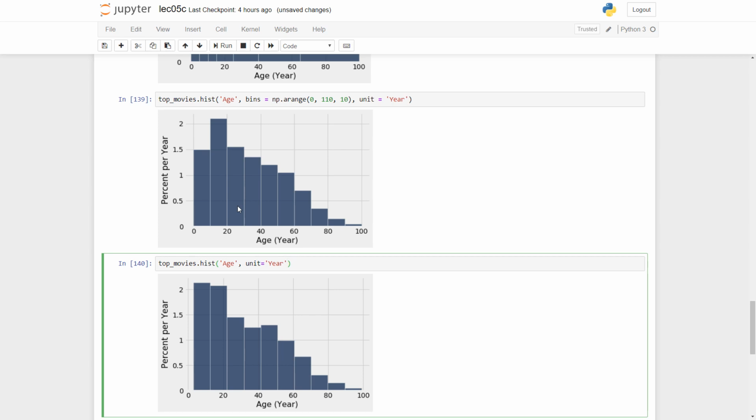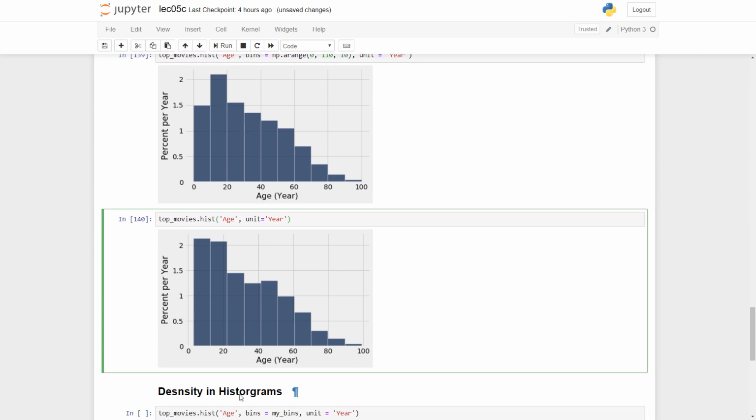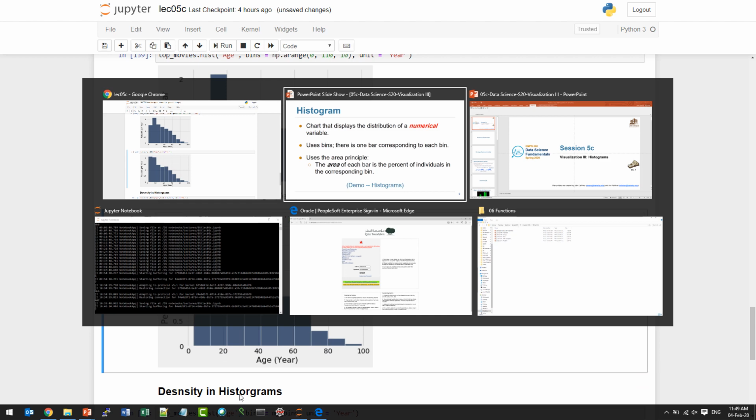Do you have the same bins here? No, we don't have the same bins. This one starts from 0 to 10, 10 to 20. This one starts from 3 actually. We said that the bins are from 3 to 99. So the definition of the bin sizes here is different, and that's why the counts, the values, are different. Okay, so let's get back to the slides.